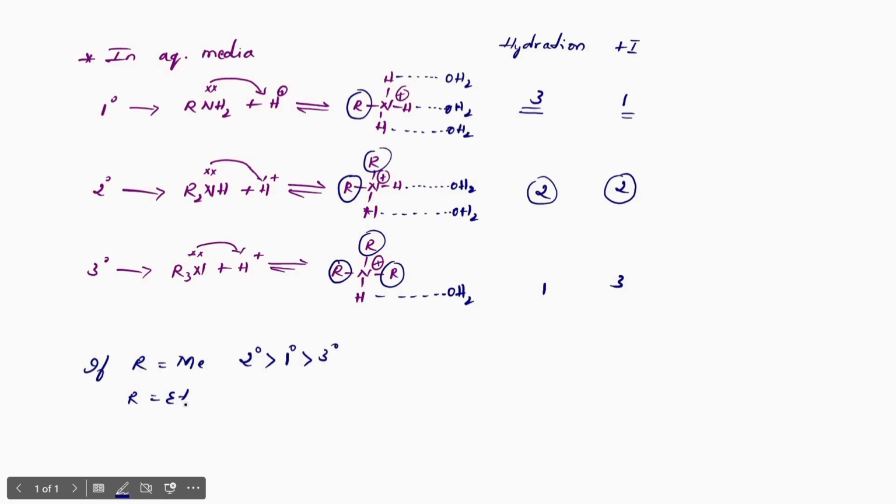Okay. If R is equal to ethyl, what happens? Again, secondary amines take the preference among all these three. Coming to tertiary amines, here we have only 1 hydrogen bond and 3 inductive groups.